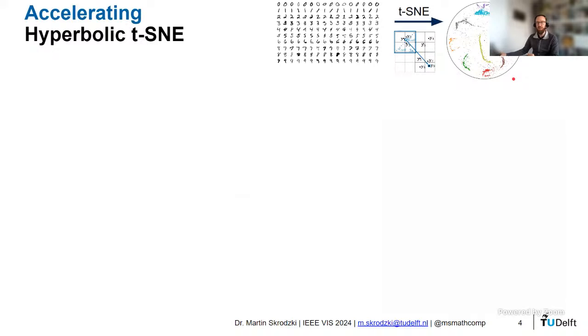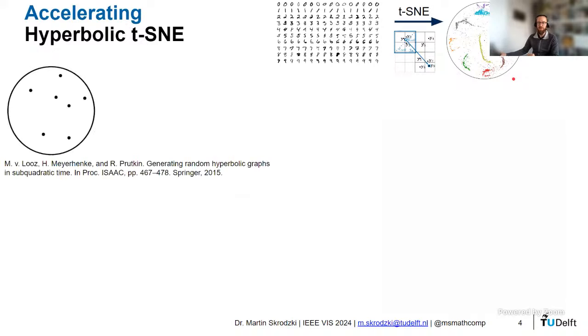Well, we start by borrowing a concept, namely the concept of polar quad trees. Remember that we're now talking about points in this circular or disk-like representation. And polar quad trees are built in the following way. You start from the entire representation, and then you split it at first into these 4 quads.